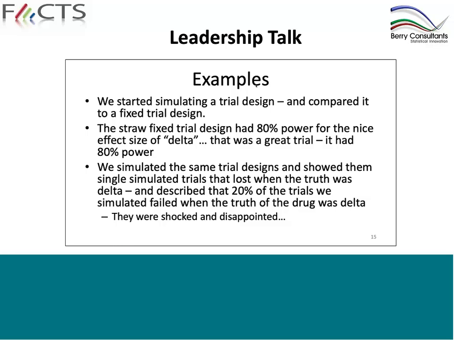But that was not what this was perceived to be by the people creating the design. 80% power to them didn't mean that it's successful 80% of the time under the effect size of delta. It was a statistical hurdle on how you calculate a sample size, and it meant that that was the constraint that I needed. But in no way was that a decision theoretic thing for them.